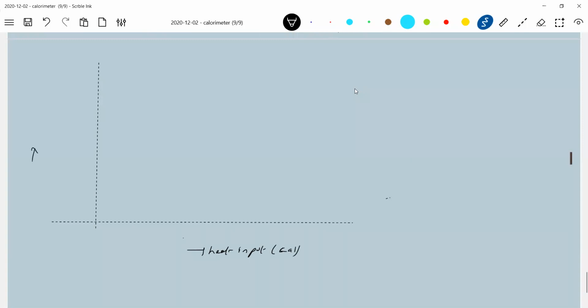This is the temperature in degrees Celsius. So first, the temperature of the substance will increase, and then it will become 0.